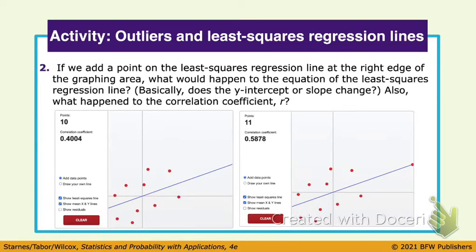So notice what happens to the line itself. What happened to the line from the original to the new? Anything happen to it? Did it change its slope? Not really. So really, it kind of didn't change, but what happened to the correlation coefficient? It got stronger. Why is that?